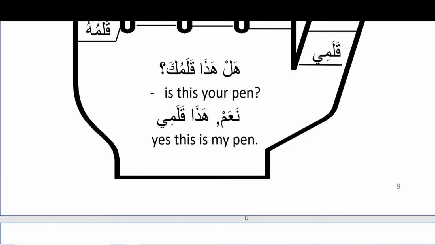That means you translate at the same time. Hadha qalami, this is my pen. Na'am, hadha qalamuna, this is our pen. At the same time, when you are doing the exchange, try to visualize the translation in your head. That will strengthen your Arabic skills.